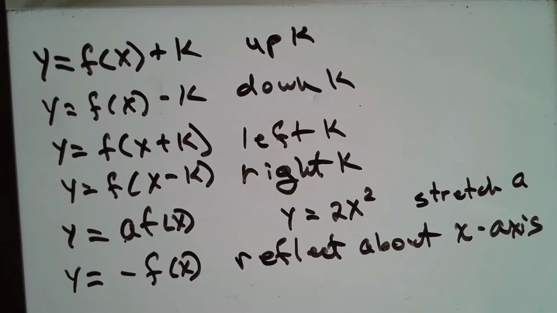Okay, that's a new one. So it's going to start up and to the right. And since this graph is shifting right, we're going to take our parent graph and shift one space to the right. So that means the 1, is that going to be outside?